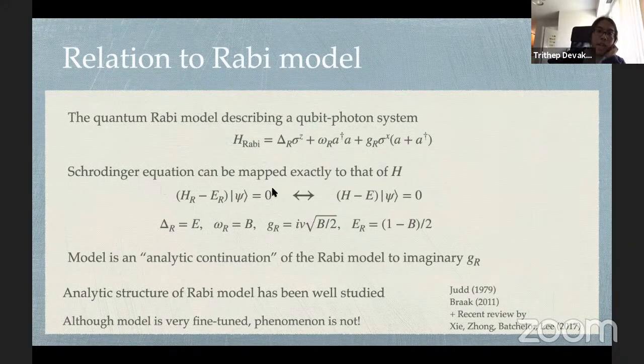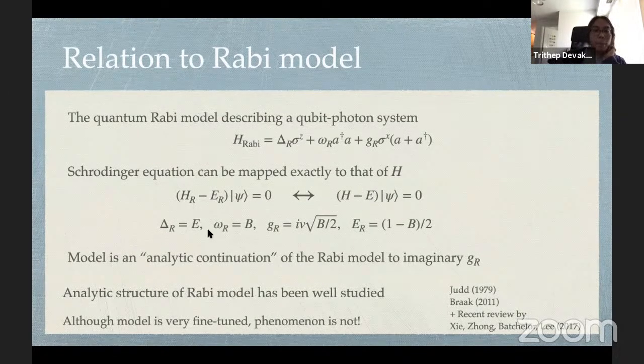And if you write this Schrodinger equation for the Rabi model, and you look at it side by side with the Schrodinger equation for our Hamiltonian H, you find that they can be mapped exactly to each other given this mapping. And the important thing I want to point out is that the parameter delta R is a parameter of the Rabi model, but here it gets mapped onto E, which is the energy of our model.